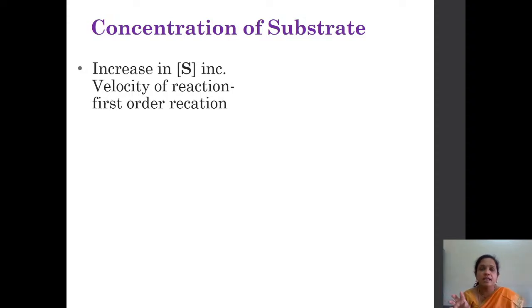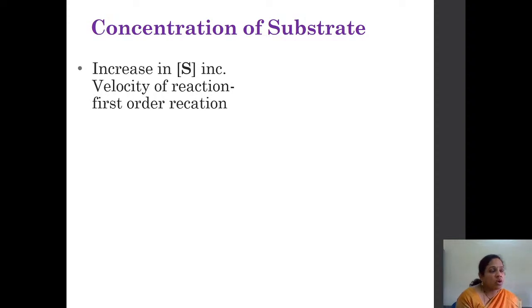Here you can understand that at one phase, the free enzyme is not present. The enzyme that is present is bound to substrate. So whatever enzyme you infused in the first step, you won't see exactly the same amount in the middle, because some of the enzyme is bound with the substrate. So what happens when the reaction is at the initial phase? When you add the substrate, the velocity of the reaction will increase because the enzyme combines with the substrate.